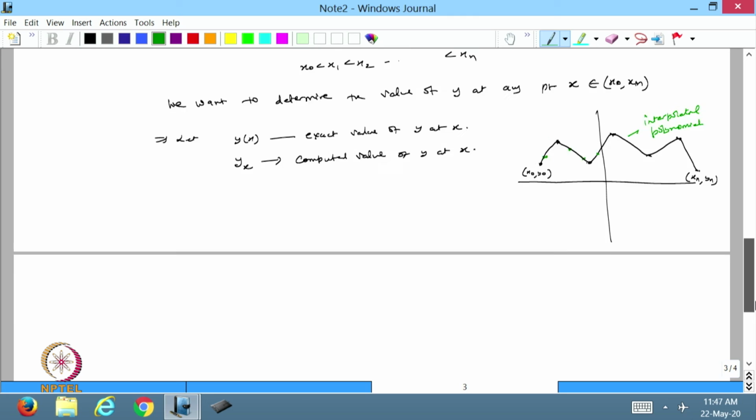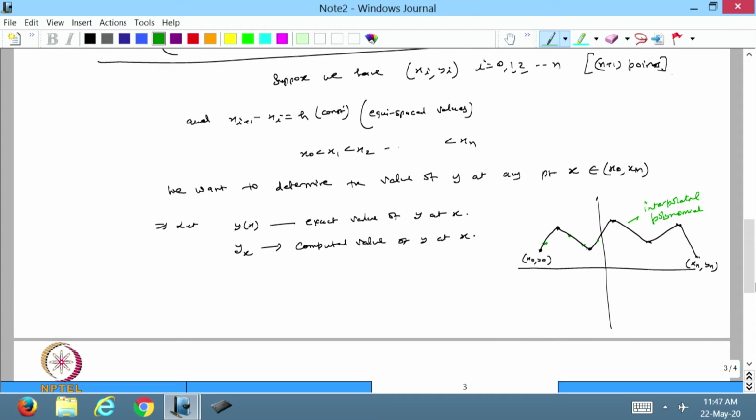Now, from here we also know that the computed value at xi is the same as y(xi). These values are the same, because at the nodal points my function is passing through the given data points, and my interpolating polynomial is also passing through these data points.